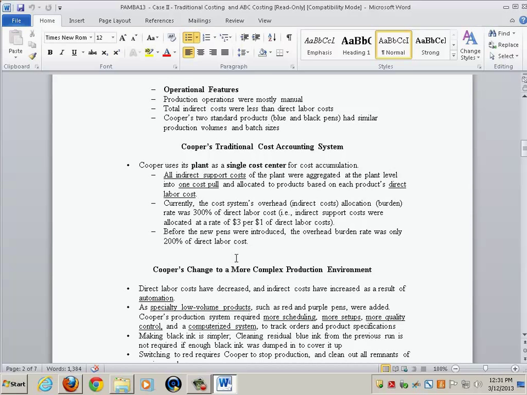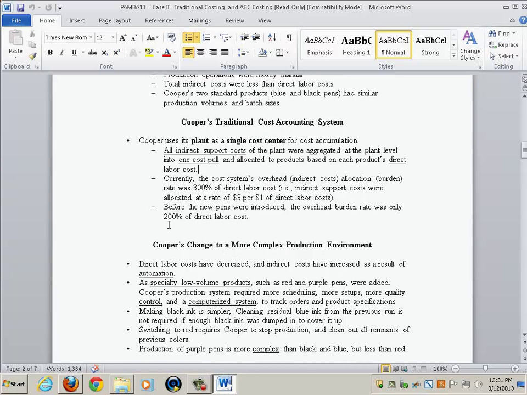No wonder that the management is troubled with the profitability analysis, because it's not sure that using this system the allocation of the indirect costs to the products is a good allocation, because the assumption here is very arbitrary.